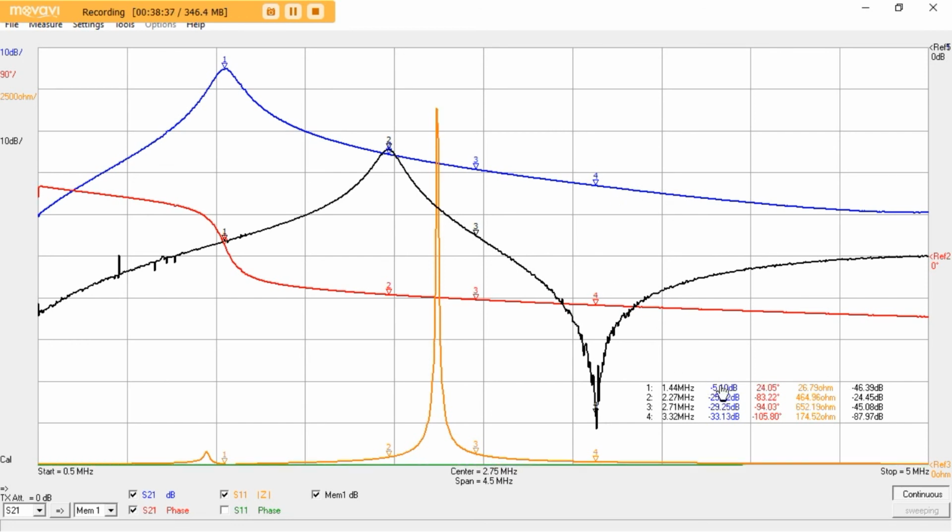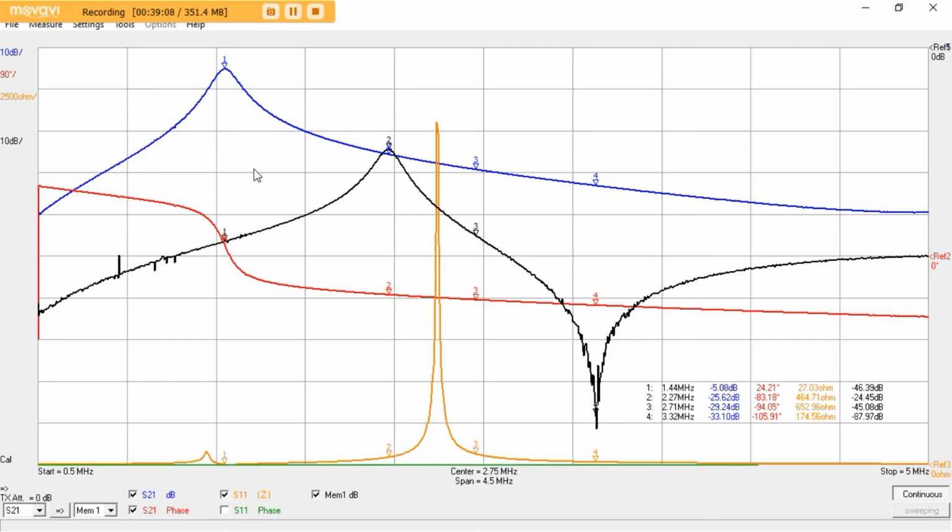Insertion loss is much as it was before, around about 5 dB, and down to about 1.44 megacycles again. So a massive change in impedance, which we would expect because we are loading the top of the coil. By loading the top of the coil there, we are changing enormously the quarter wave properties of that coil.